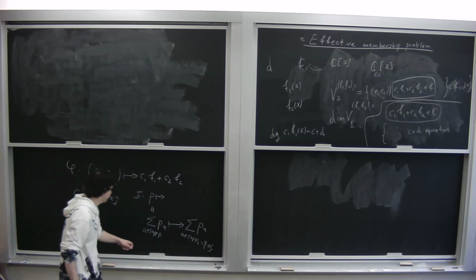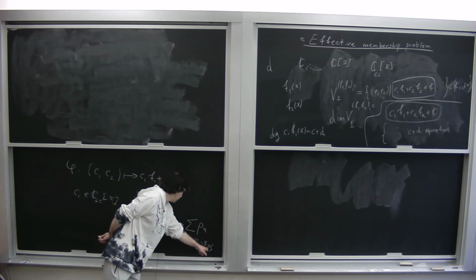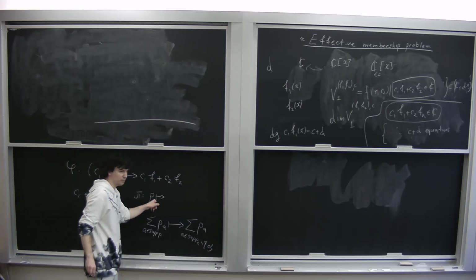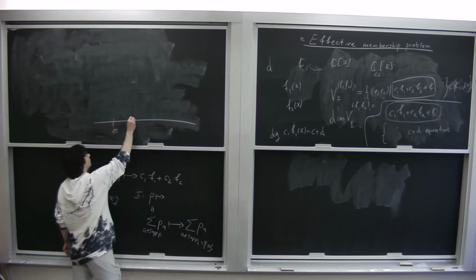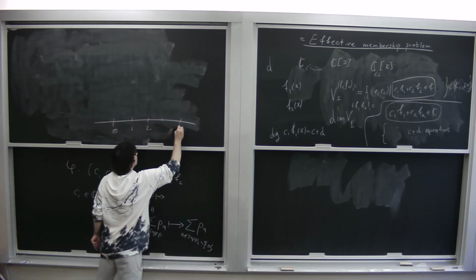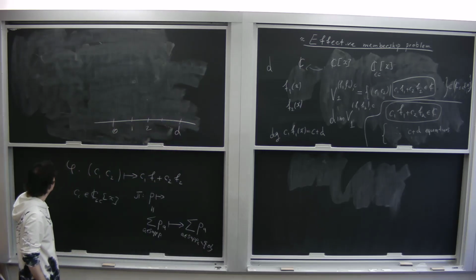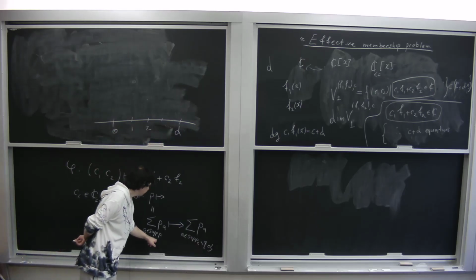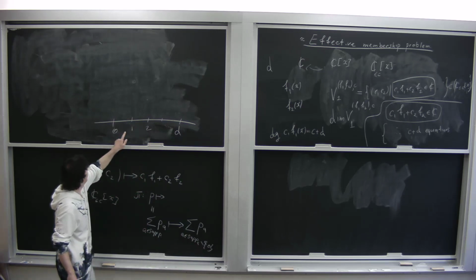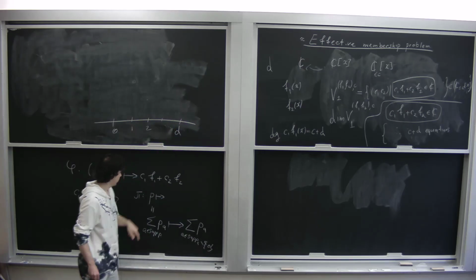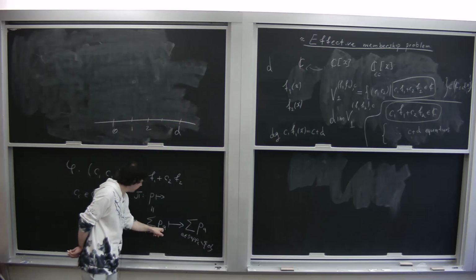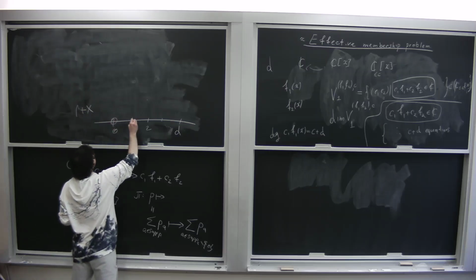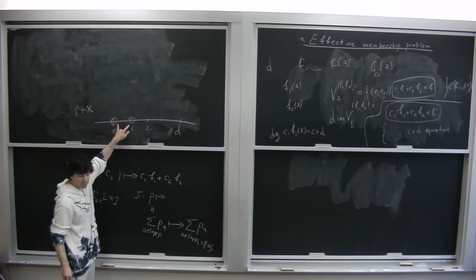So what I'm trying to say, let us identify the set of monomials of this polynomial with integral points of integral numbers, and we will call the support of P the set of integral numbers which are included in P. So let's say if you consider the polynomial 1 plus x, then its support is going to be this couple of points, 0 and 1.